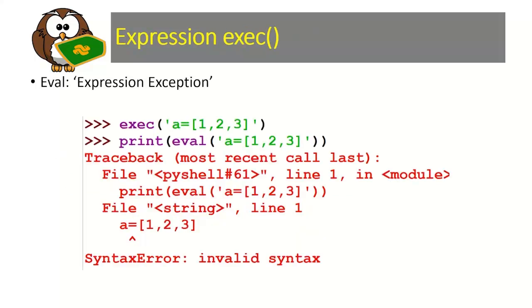While it's a little confusing, of course, we can always run something through the old REPL mode and verify that if I, for example, said A equals a list using exec, all is well, and I expect my global environment to be impacted because there's no result returned.